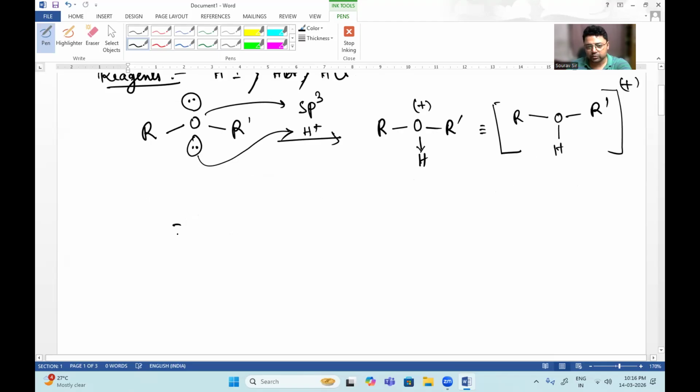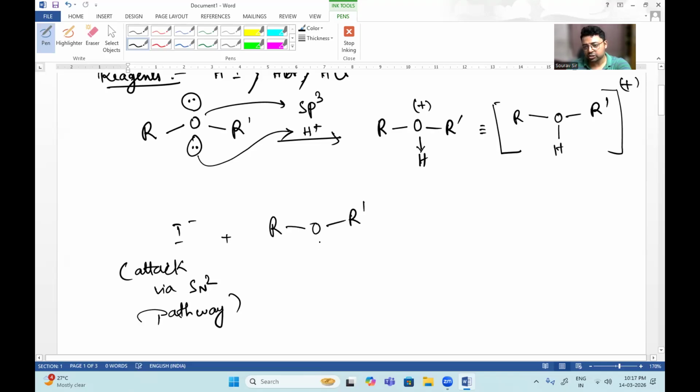Now, whenever you are using I minus, this I minus will react with this intermediate cation from the backside. That means this I minus will attack via the SN2 pathway. So the attacking pathway is SN2. Now you have R-O-R dash, H, and a positive sign.